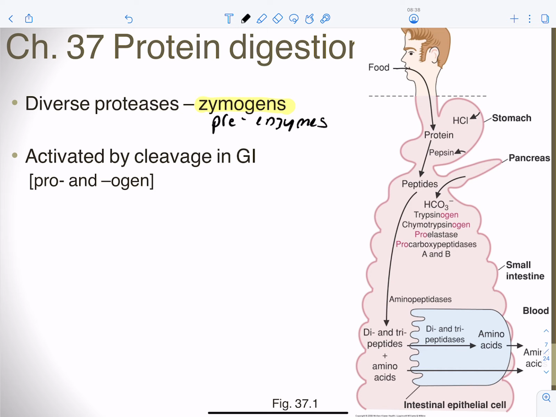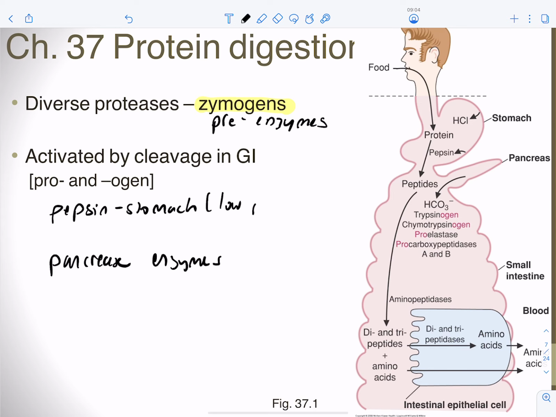So you're going to have pepsin from the stomach. This is going to, in an acidic environment, denature proteins. So we have our pepsin. And then we're going to have our pancreatic enzymes. And of course, this is low pH, and this is a higher pH.